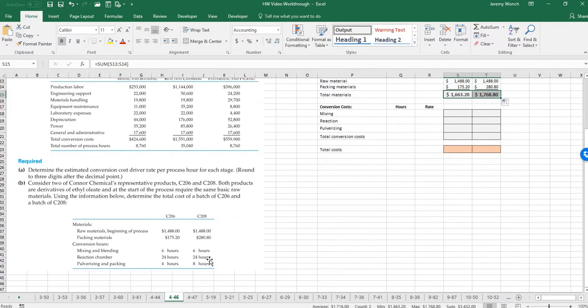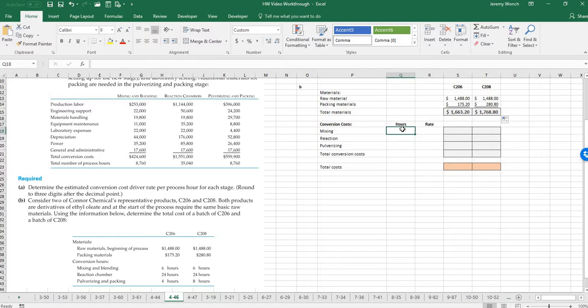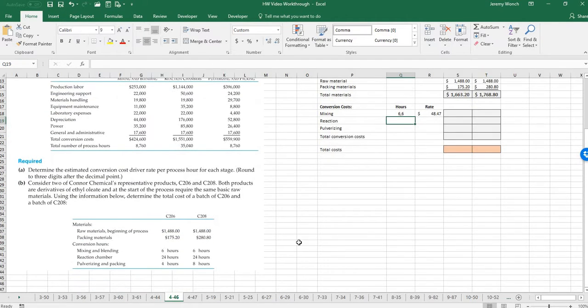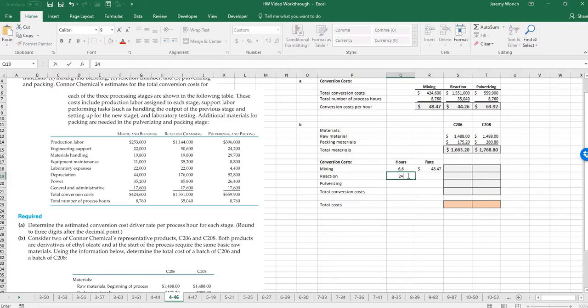For the mixing department, it takes 6 hours for both, and the rate for the mixing department is 48.47. For the reaction, it takes 24 hours for both respectively, and our conversion cost is 44.26.